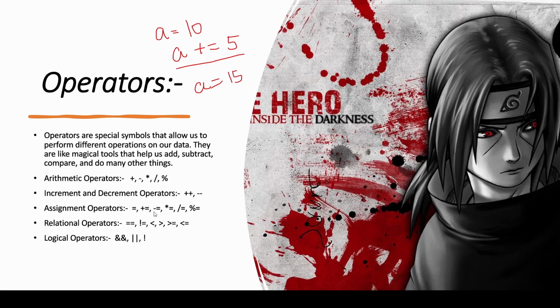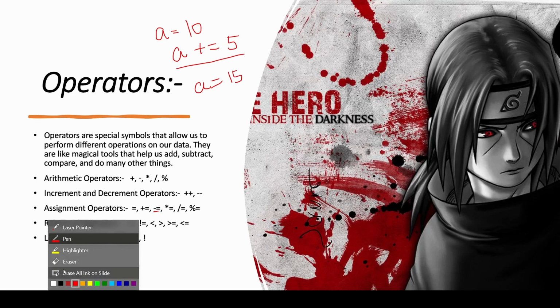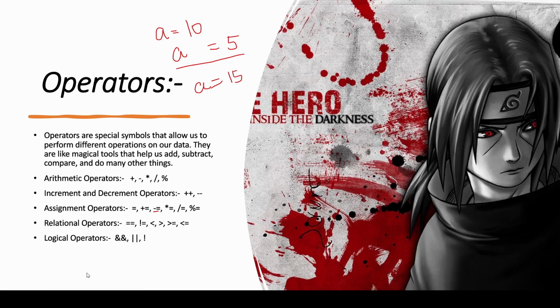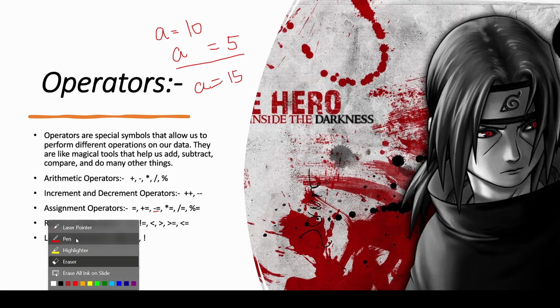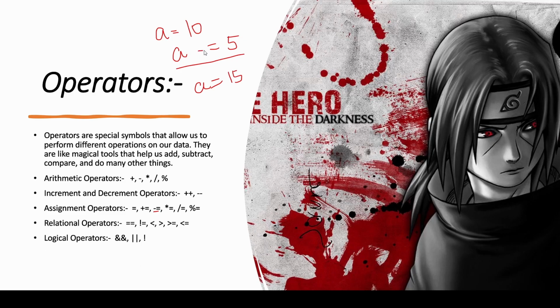Likewise, we have minus equals. If I write minus here, then the value would be 5. Likewise, I have multiply here. If I take multiply here, then that would be 50. Likewise, I have divide here.